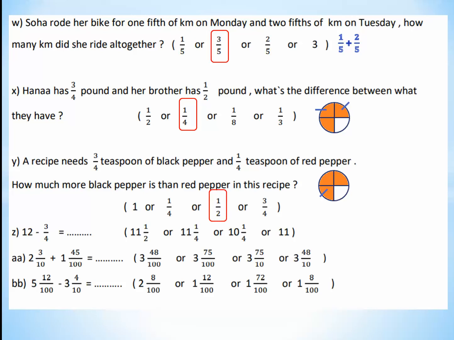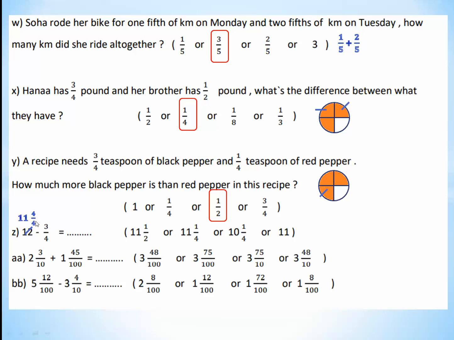12 minus 3/4. We know that in subtraction, we can subtract if we have a whole number, we must convert the whole number into a fraction. How? Let's cross 12 and decrease it by 1. It will be 11. And we will take the denominator and put it up and down, 4 over 4.